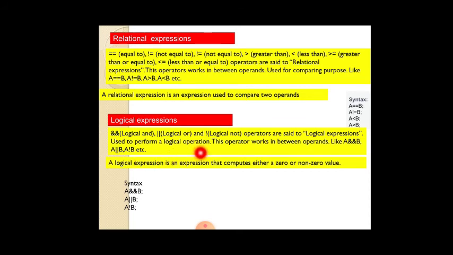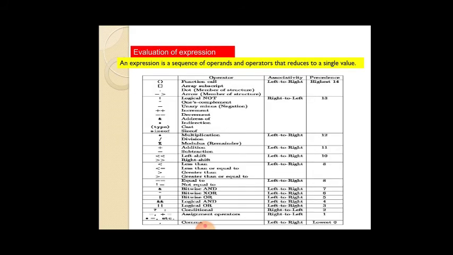We call them gates: the AND gate, OR gate and NOT gate. There are three types of expressions. A logical expression is an expression that computes either 0 or a non-zero value.